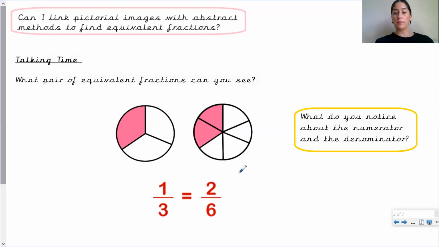Same as here, we multiplied 1 by 2 to get 2, and we multiplied 3 by 2 to get 6. So here as well, when the numerator and the denominator were multiplied by the same number, it resulted in a fraction that was equivalent to the fraction we started with.